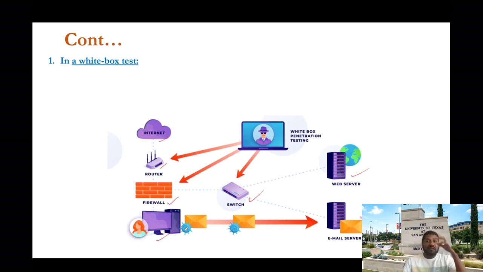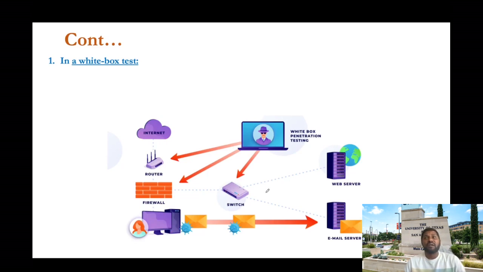So this entire infrastructure information will be given to the white box pen tester. That is the scope which is outlined. Basically the pen testing team knows all there is to know about the entire system, so we call it white box penetration testing.